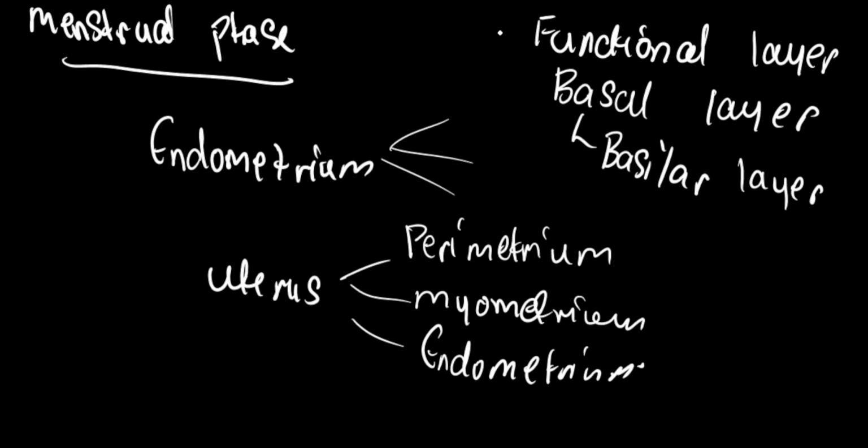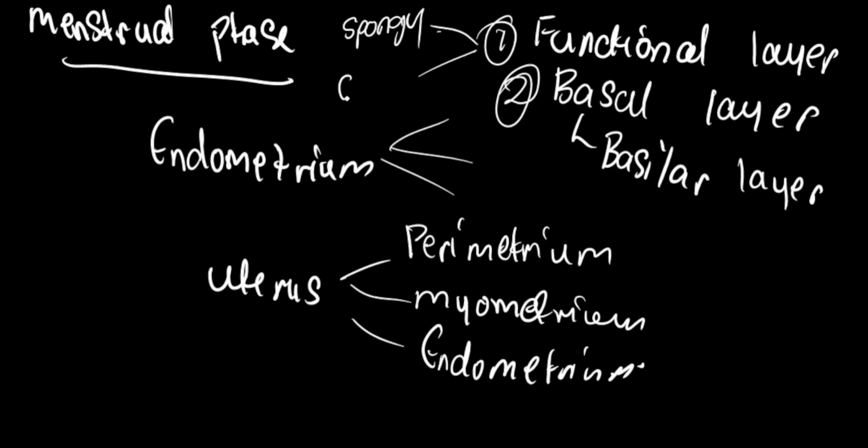Some texts simply have these layers outlined this way: the functional layer as one and the basilar or basal layer as two. However, the functional layer is further divided into the spongy layer and the compact layer. This is why I simply say that we have three layers of the endometrium: spongy and compact, which make up the functional layer, as well as the basilar or basal layer of the endometrium.